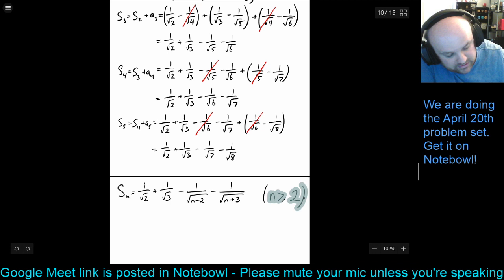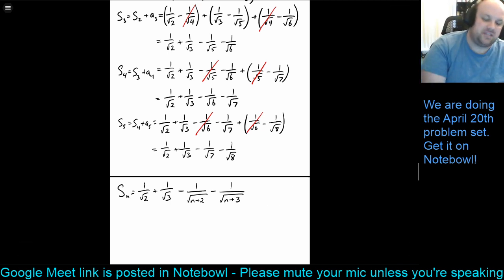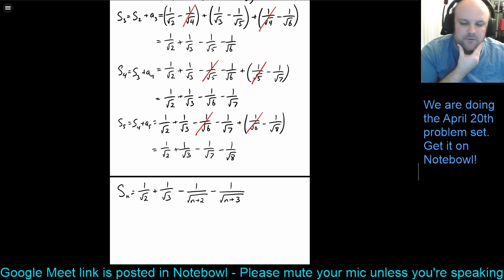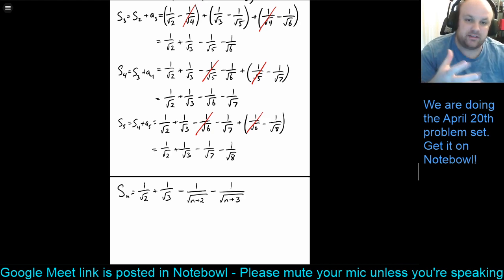Oh, okay. Never mind. I take that back. Sometimes these formulas only make sense for n equals 2 or 3 or something higher. And the first few terms of a sequence, if you remember, they don't really matter. It's what happens later on down the line that really matters.